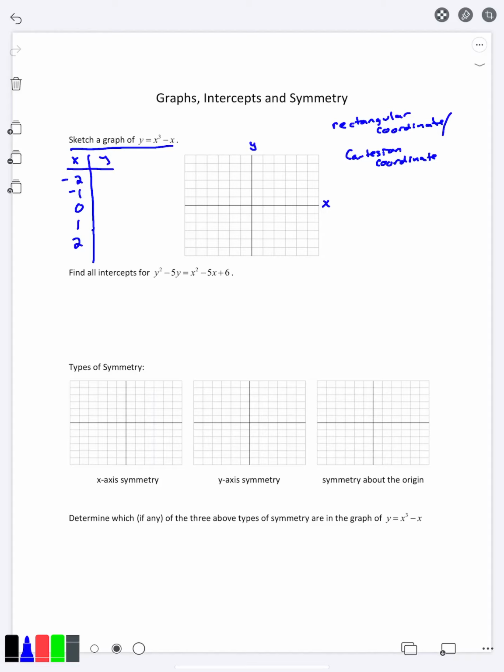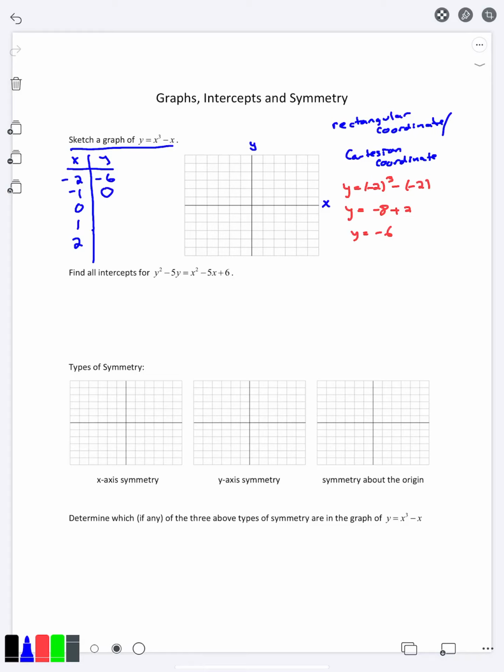If I plug in -2, I'll show my work on the side: Y is -2 cubed minus -2. That's -8 plus 2, which gives -6. So my first Y value is -6. Now I'll plug in -1. This time I won't show the work, but you can check it: -1 cubed is -1, minus -1 is +1, which gives 0.